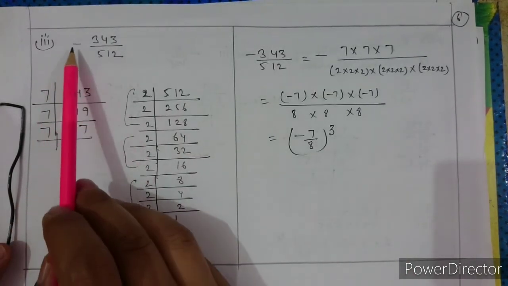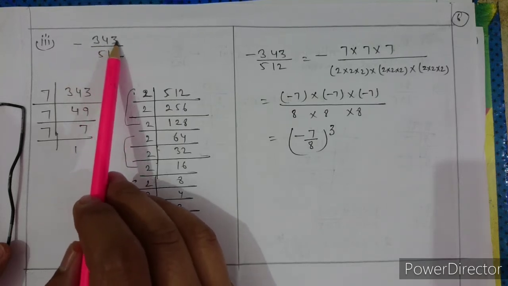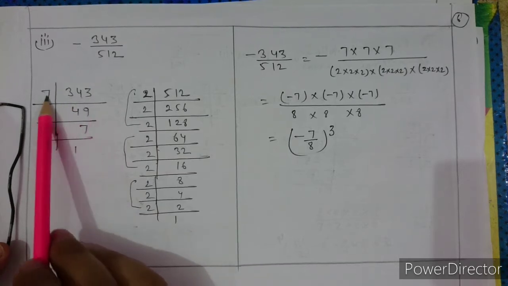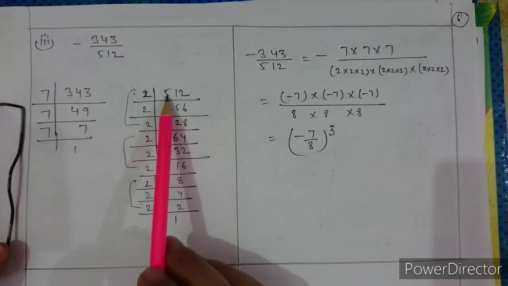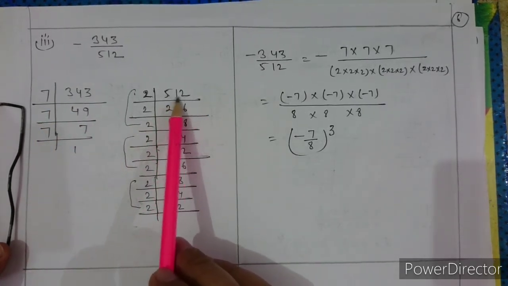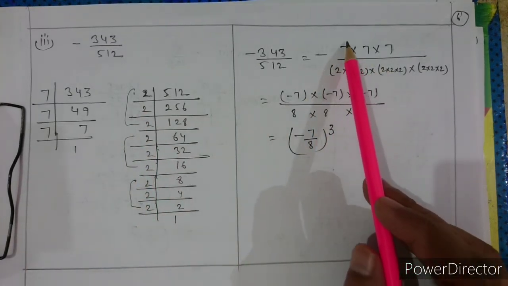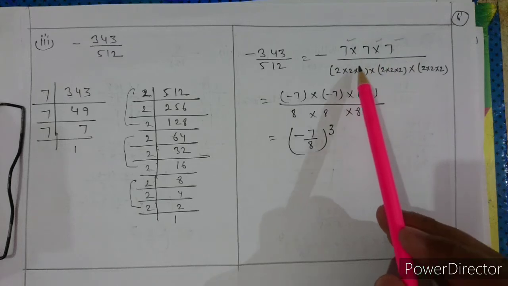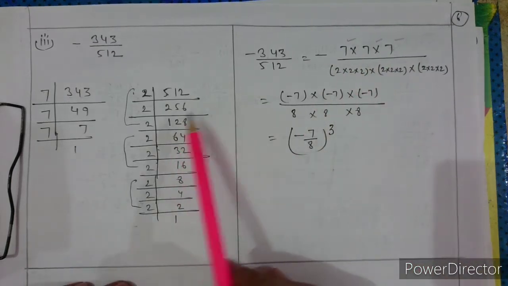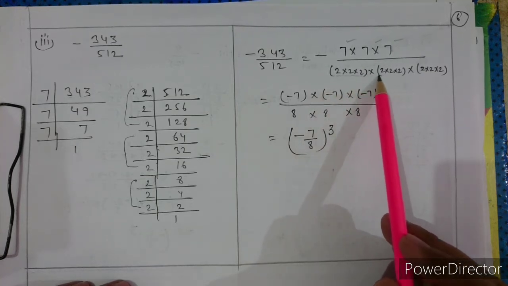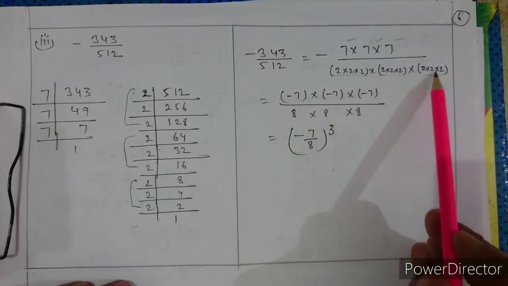Similarly, the third question is minus 343 upon 512. So for 343 we will get 7, 7, 7, and 512 we will get this. Because we have three sevens here, we will make groups of threes, so that we will get 3 groups.